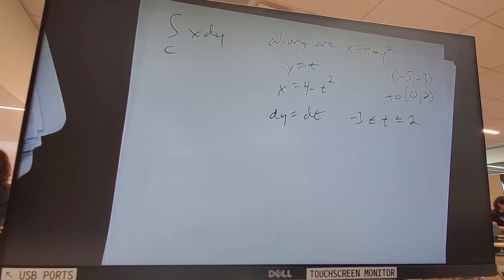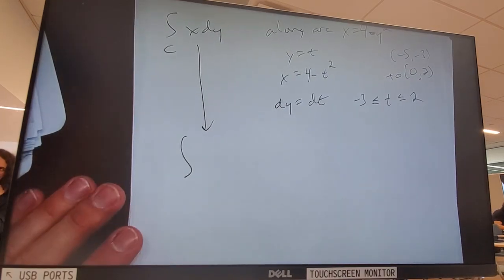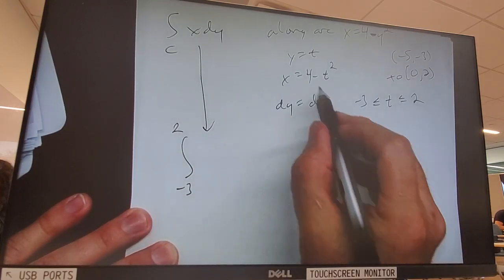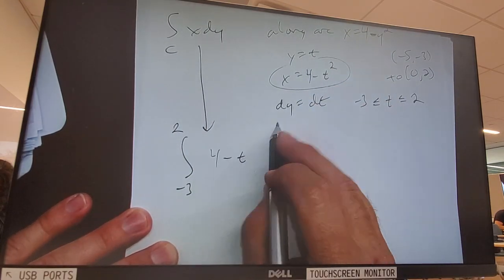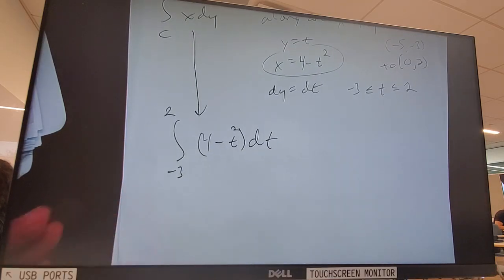But it's a balancing act between the two. So how do I rewrite this now? Negative 3 to 2. X is 4 minus t squared. Dt for dy. And then that's not that bad. Not too bad.